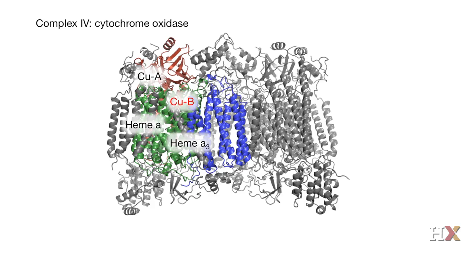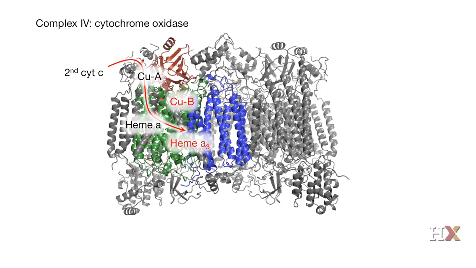Step 2. A second molecule of reduced cytochrome C binds to complex 4 and replaces the previously oxidized cytochrome C, and will pass its electron through the same path. But when this electron reaches heme A3, it cannot be transferred to the QB center because the QB center is already reduced.